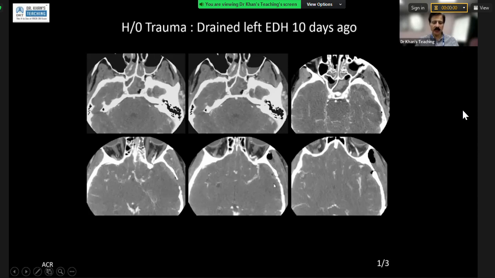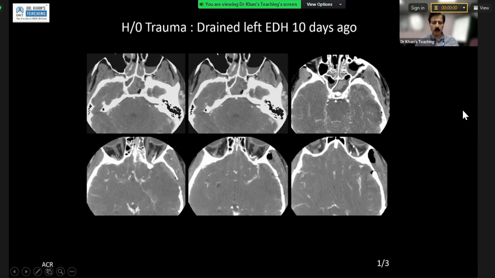This case is post-operative, post-trauma, where extradural hematomas and things like that were drained. There were multiple fractures. Then the patient presented with a lot of congestion in the left orbit, and a CTA was performed, CT angiogram. This is axial CTA.